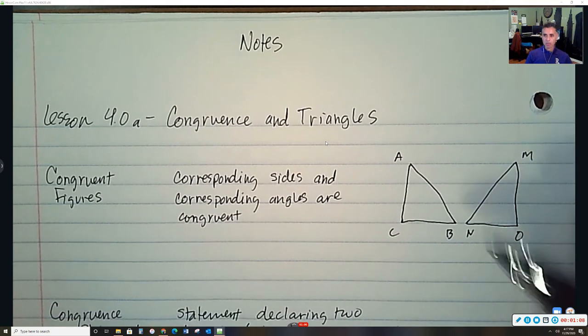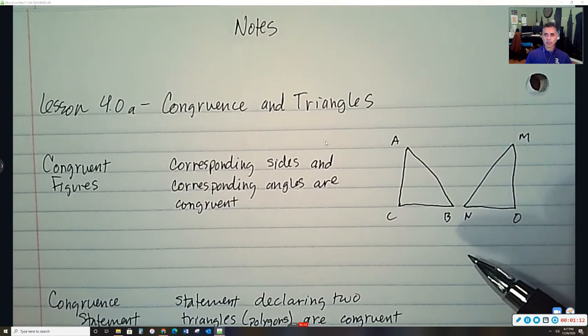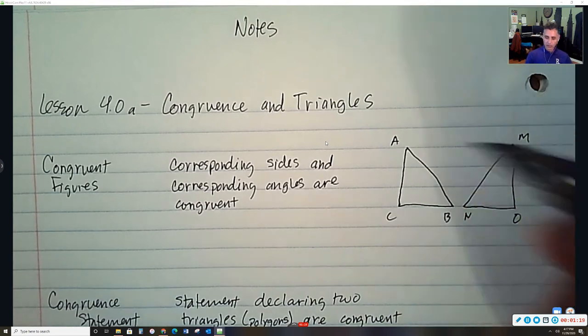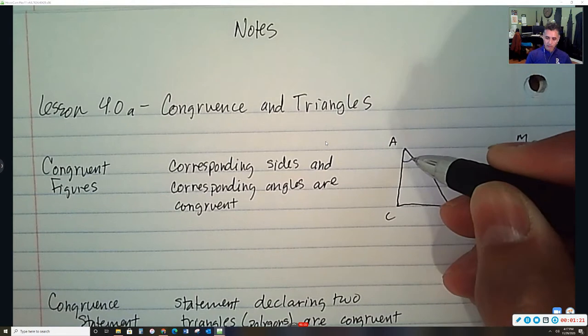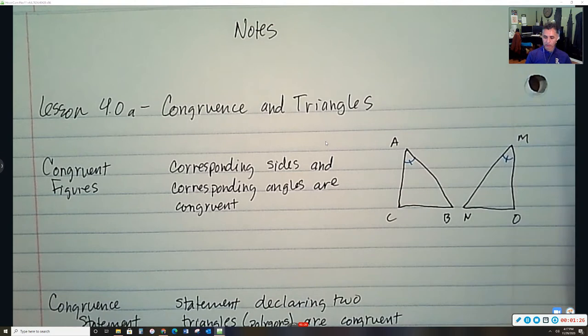Okay, and I'm gonna mark this up and show you how congruent figures look and what we need for them to be congruent. Okay, so let's say here we have this angle, angle A, and then angle M is congruent.